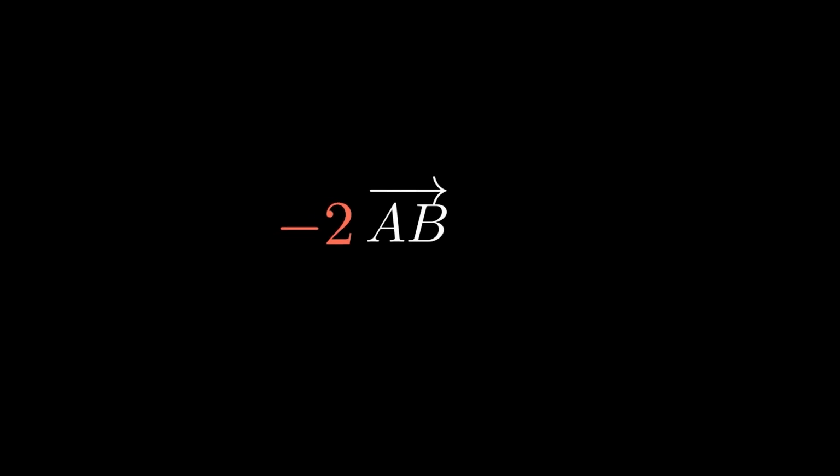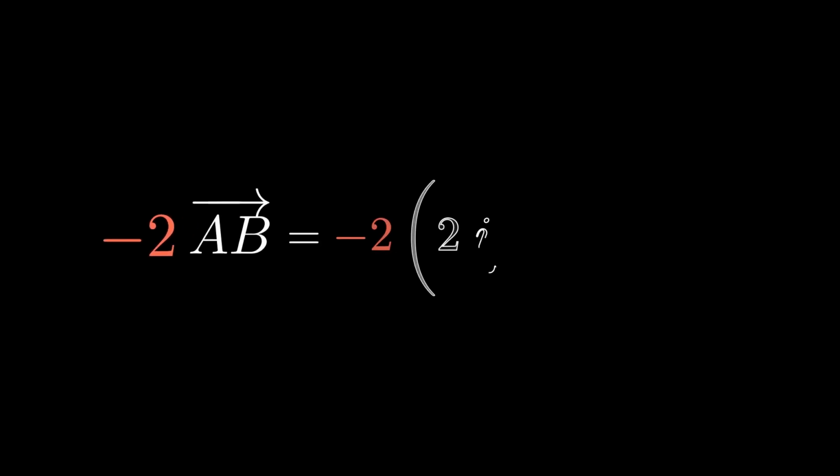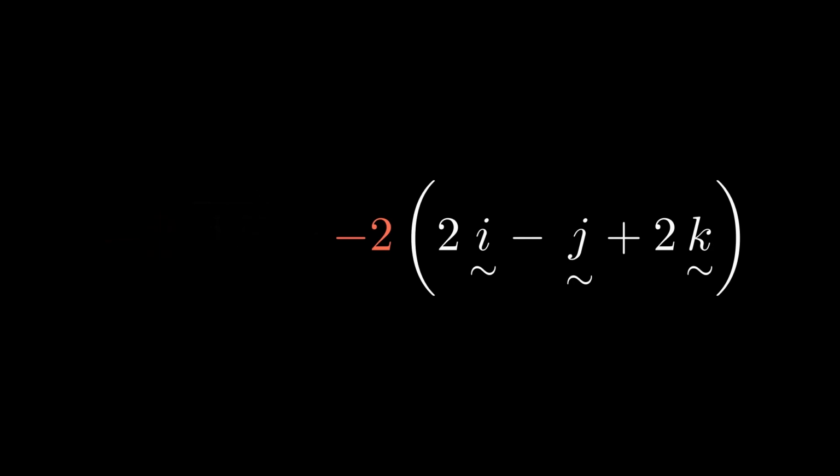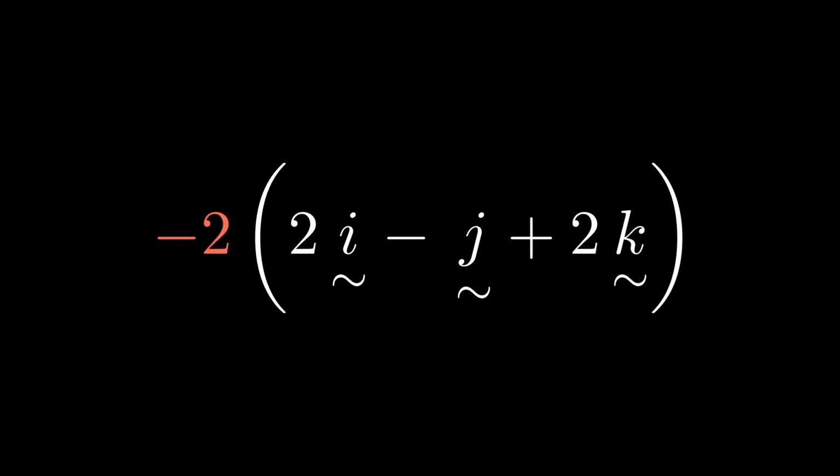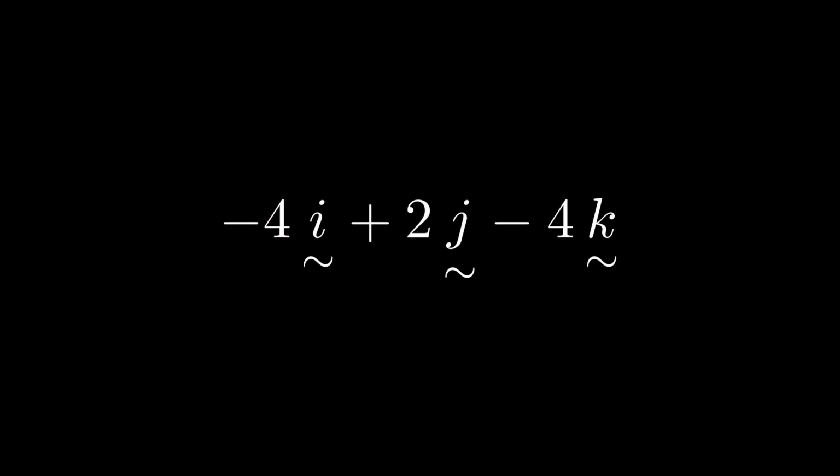And instead, if we wanted to say double the vector length but in the opposite direction, we would write minus 2AB. Let's see what it looks like algebraically. We put the minus 2 and we multiply it by the entire vector. And if we expand this bracket, we get minus 4i plus 2j minus 4k.